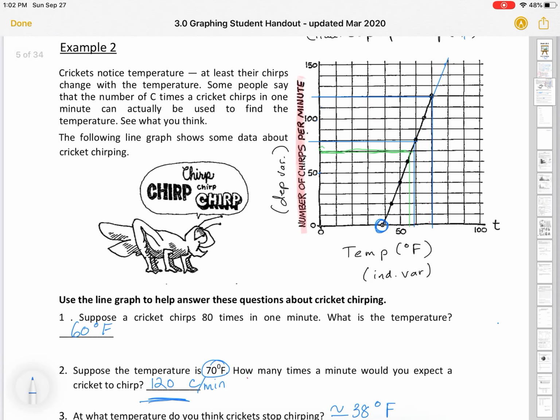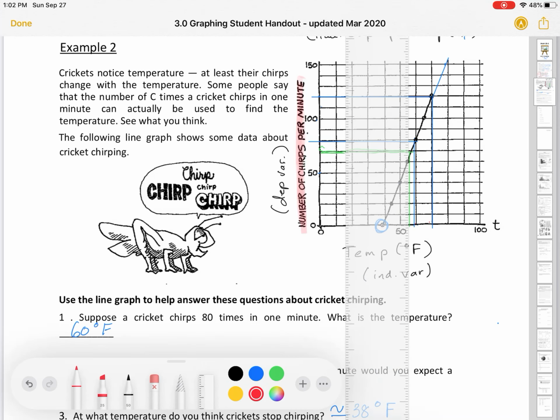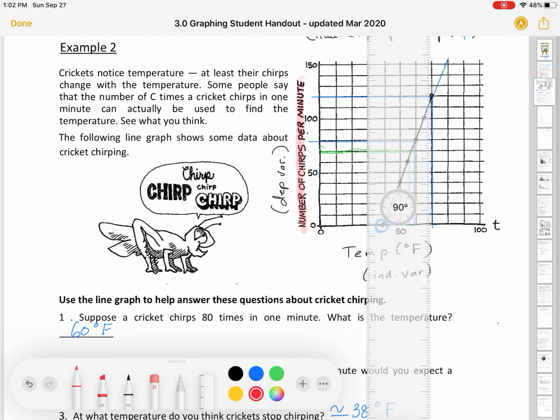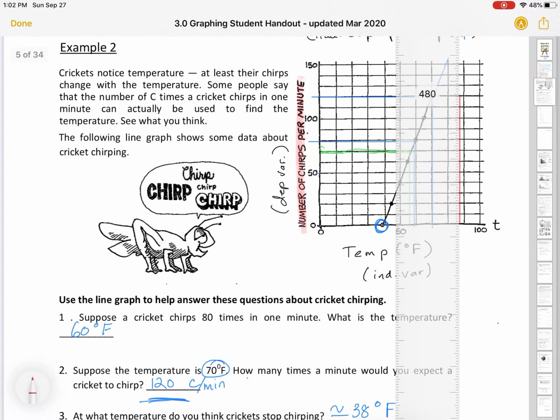So looking at our graph, we are going to look at 87 degrees Fahrenheit. So here is 80, 87's around here. So we draw our line up, and what we can see is that it goes off the graph. We don't know exactly how much.